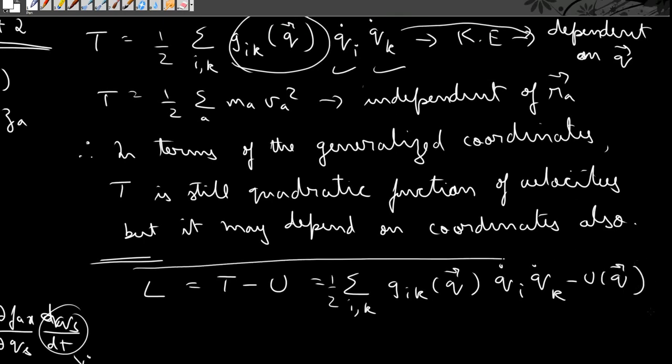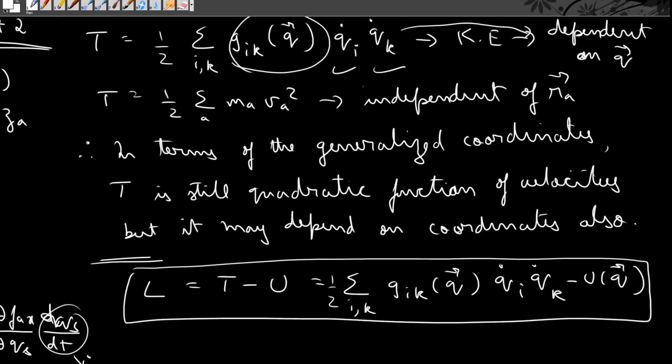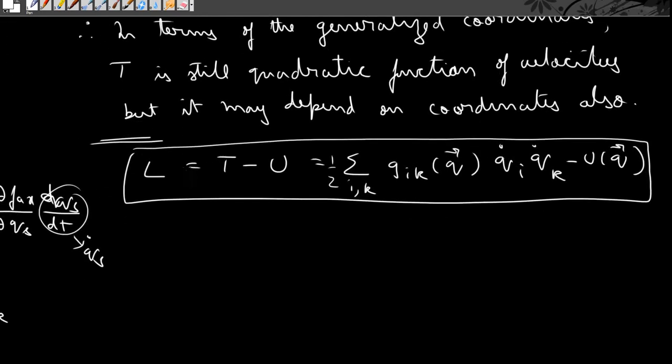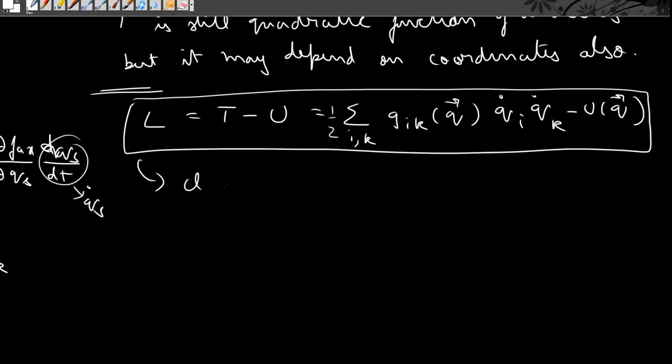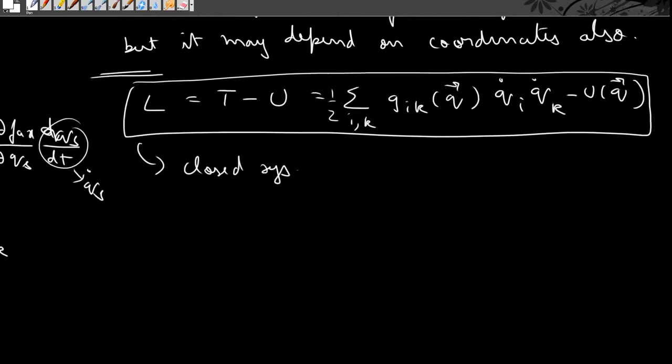Okay, so this is the Lagrangian for a closed system in terms of generalized coordinates.